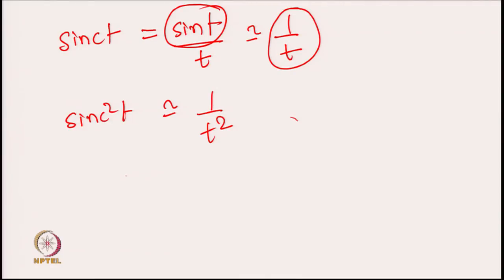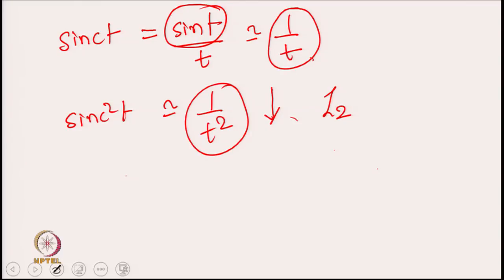Now, because sinc square t decays faster, you can prove that this is an L2 function, and because sinc t decays slower, with 1 by t, this is not going to be finite. So, this would be infinite, and this will not be an L1 function.